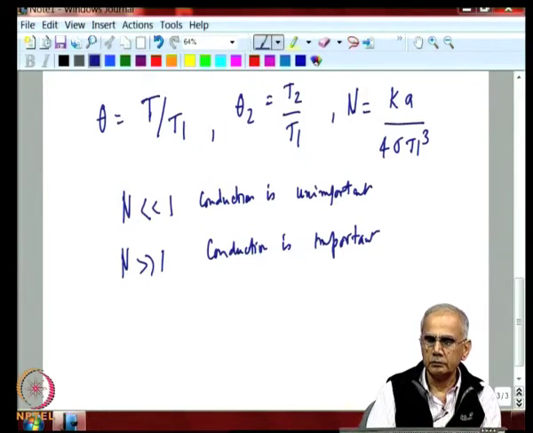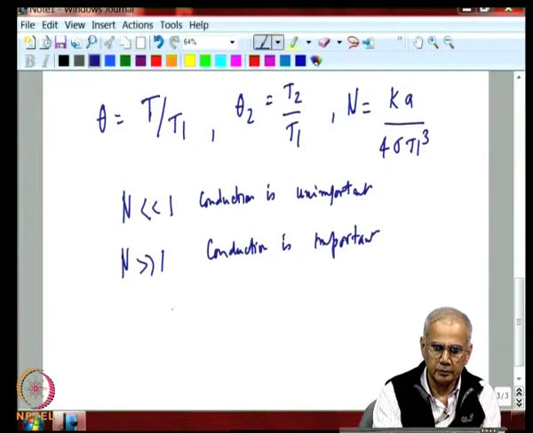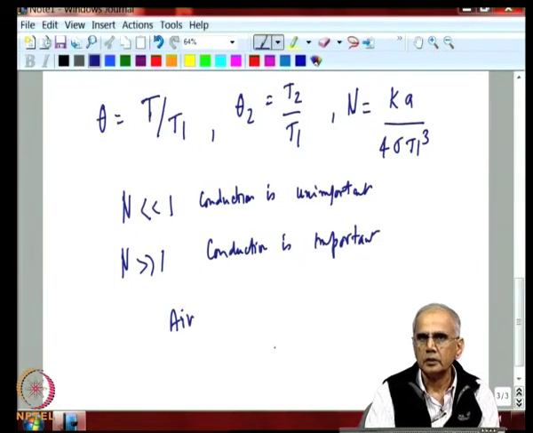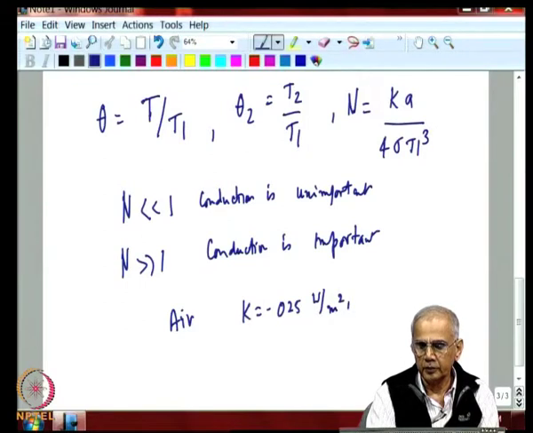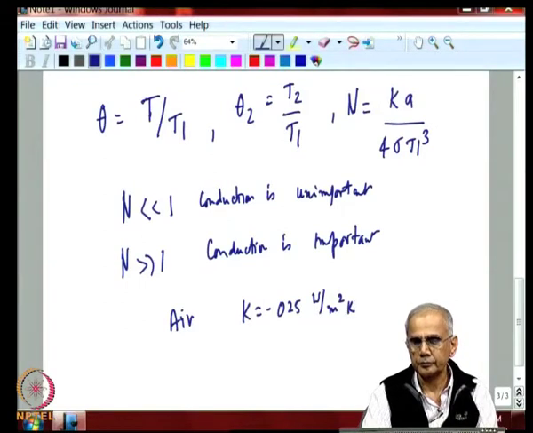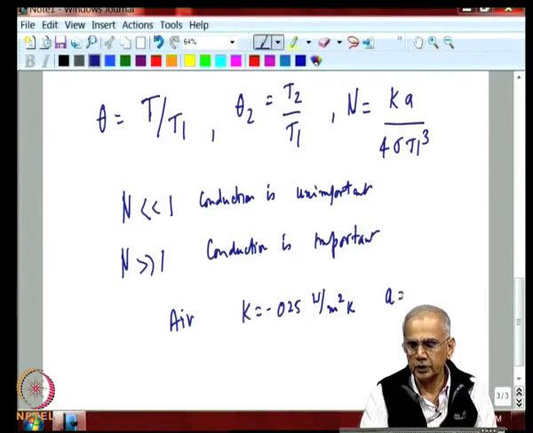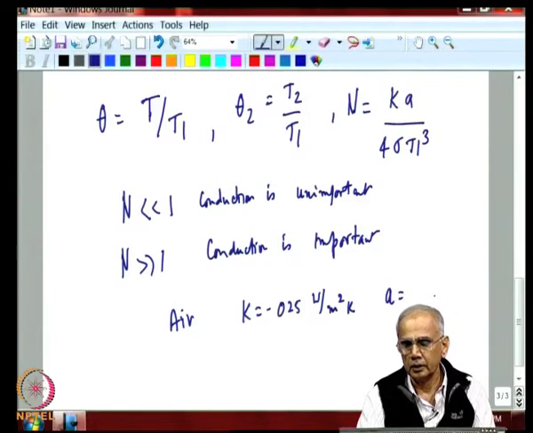For example, let us take a gas like air, whose conductivity is of the order of 0.025 watts per meter Kelvin. Let us assume that the absorption coefficient for air containing, let us say, carbon dioxide, water vapor, methane and so on, let us say an average value, is 10 meter minus 1.